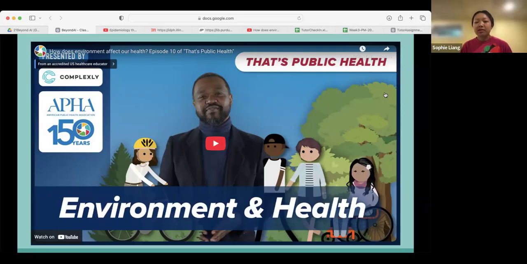Another one is that there's a lot of inequality in environmental health. So communities that are richer will get better health outcomes because they have more money and they can use the money to build better things for their health, such as well-maintained parks.